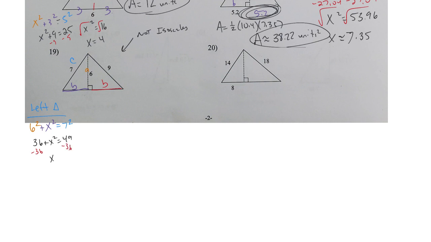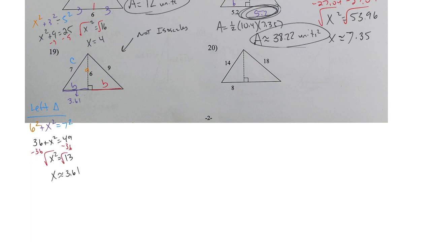So I get x squared equals 13. To get x by itself, I take the square root of both sides. So the square root of 13 is about 3.61. So x is about 3.61. So this guy right here is about 3.61.